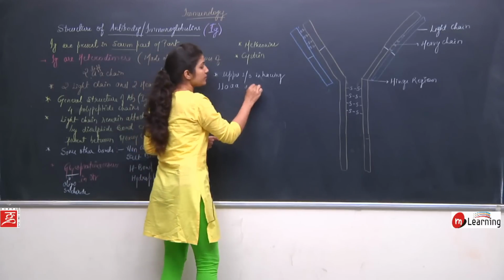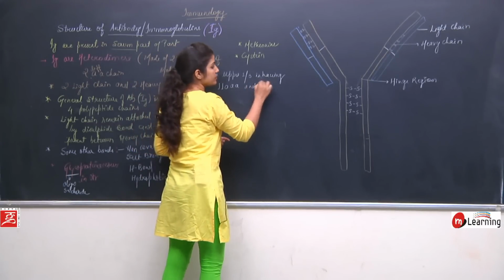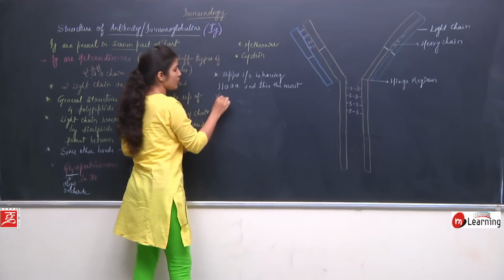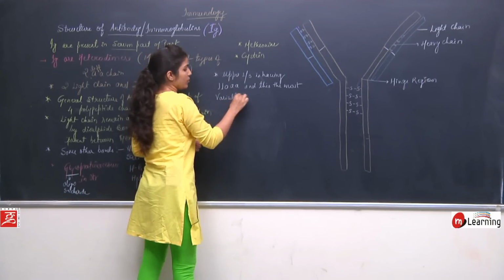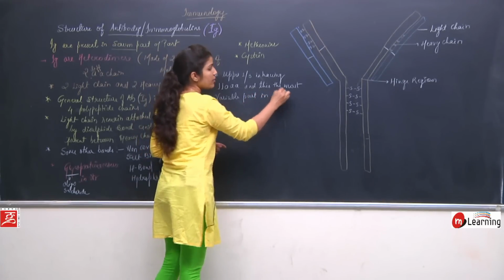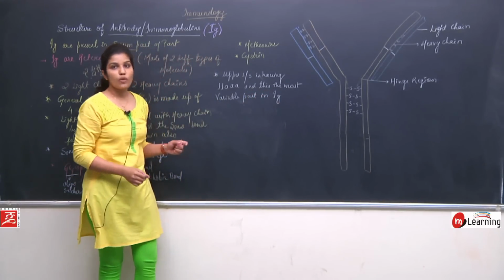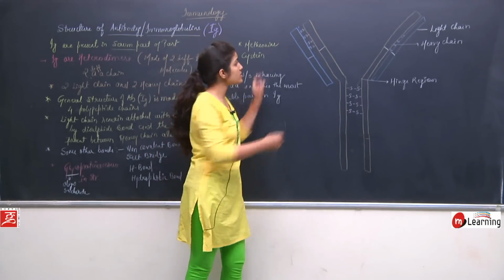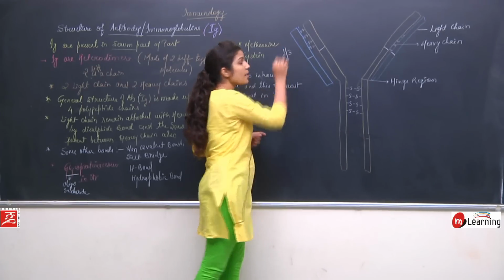This is the most variable part in immunoglobulin. Most of the differences are present in this upper 1/3 part.